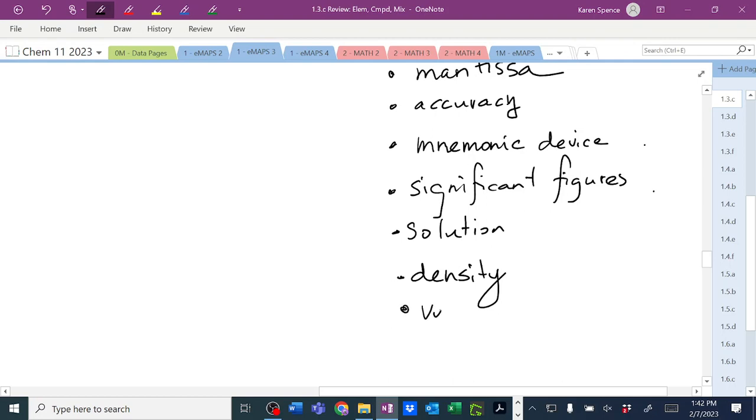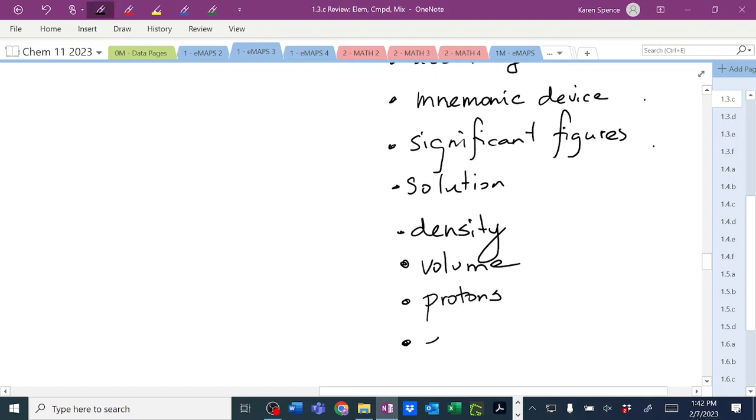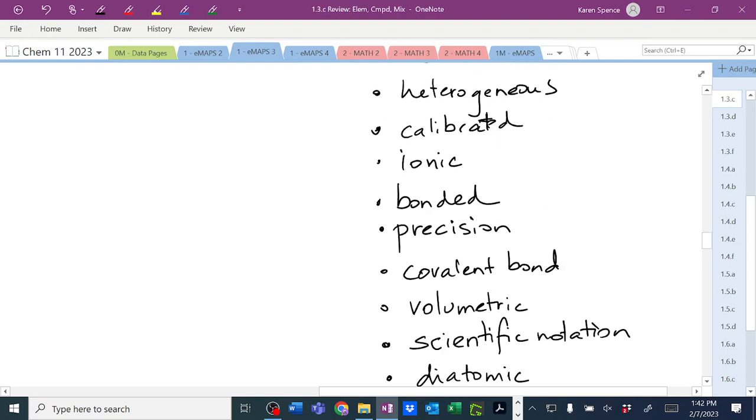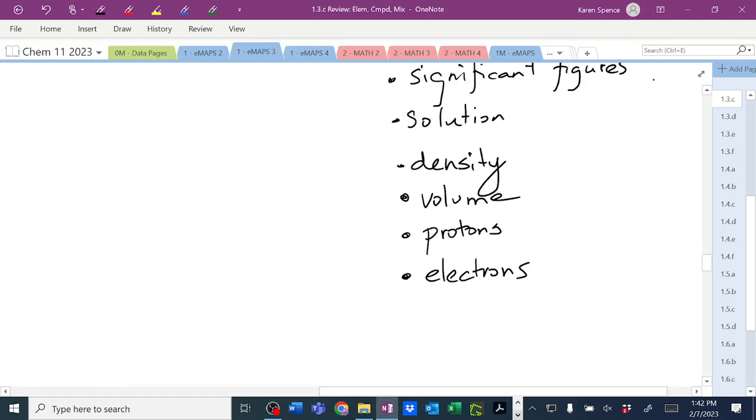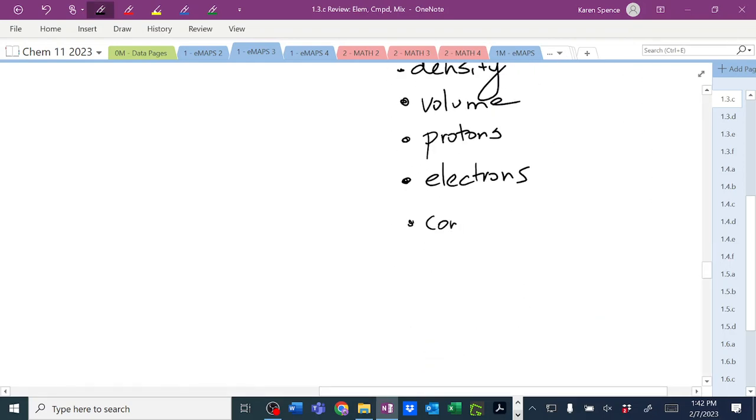Volume. We could go through all our quantities, couldn't we? Protons and electrons. Yes. Compound. I think we had compound. Did we have compound? Oh, we didn't. Compound. Yes, we need compound. Sorry? Ion.